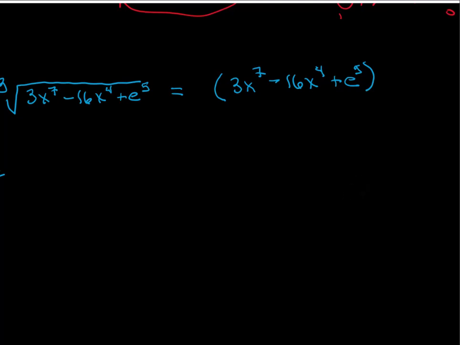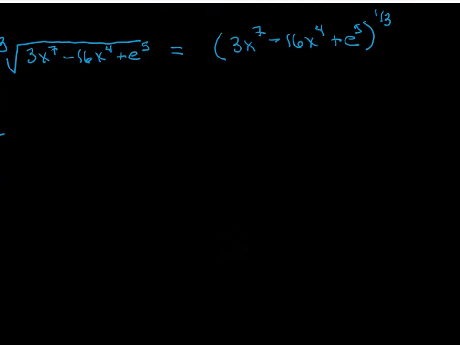And that form is going to be by putting, now that you have an exponent, this works just like the last one, doesn't it? Yeah, this is back to easy peasy. So what I'm going to do first, to keep from doing the wrong thing, is write down whatever's inside, the 3x to the 7th minus the 16x to the 4th plus e to the 5th. That's okay.